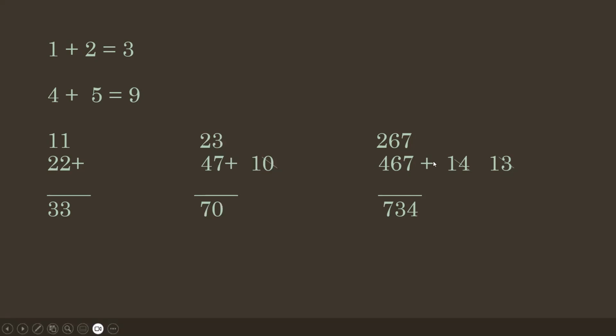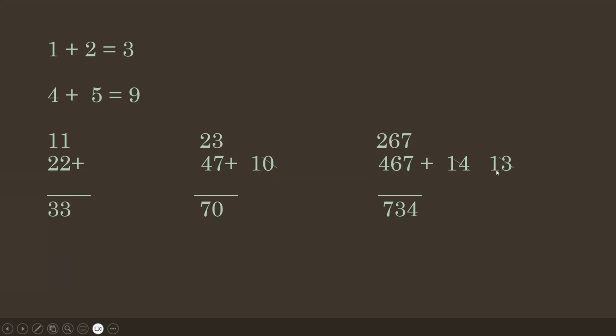Our next example, 267 plus 467, as we can see. 7 plus 7 is 14. We cross out the 4, we place the 4 under the ones column. 6 plus 6 is 12. We must add the 1. 13. Again, this is a number that has 2 digits.